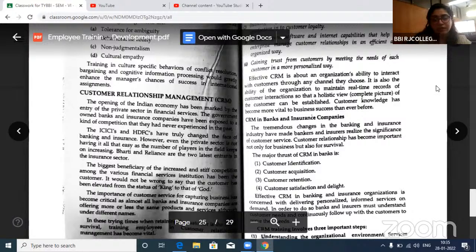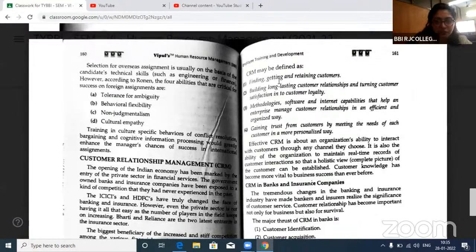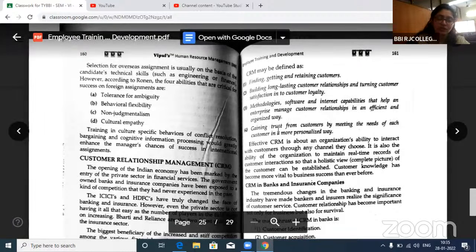So these are the points that are written here. You can check here: building long lasting customer relationships, finding, getting and retaining customers, and methods, software and internet capabilities that help enterprises manage customer relationships.